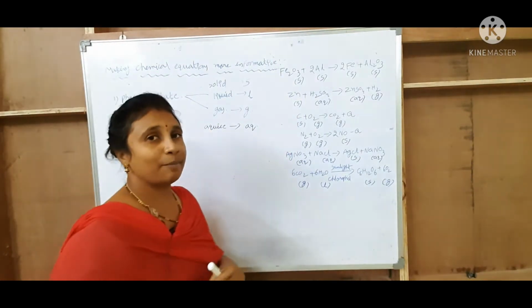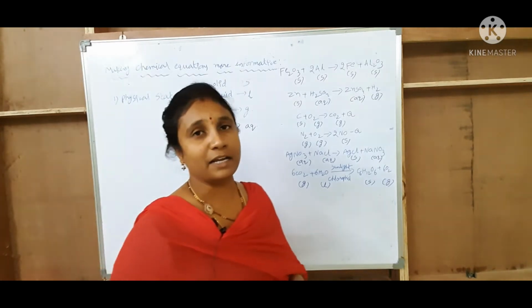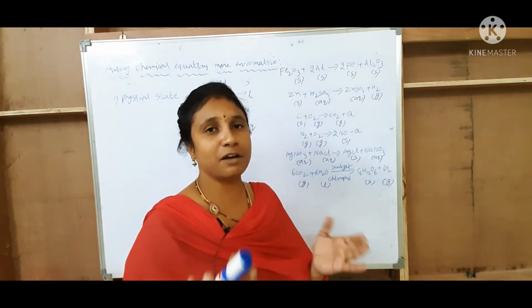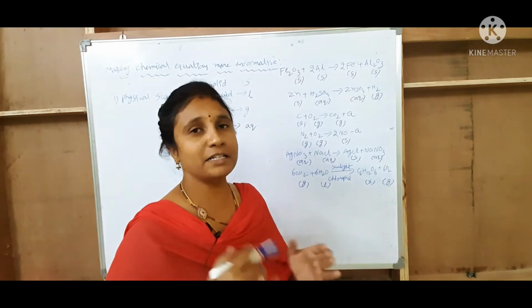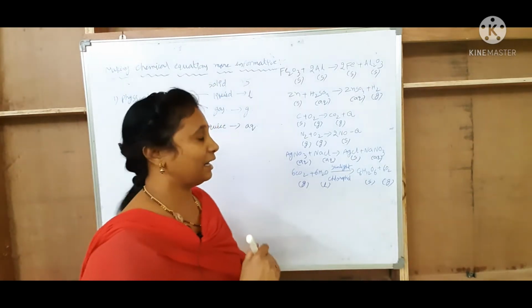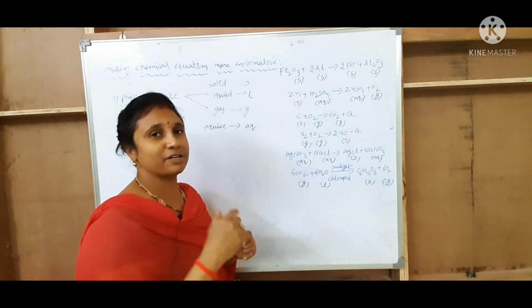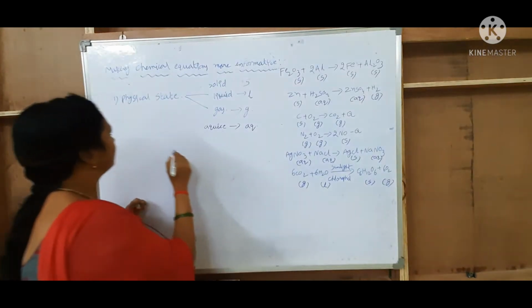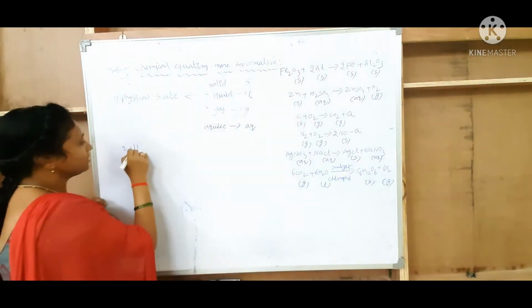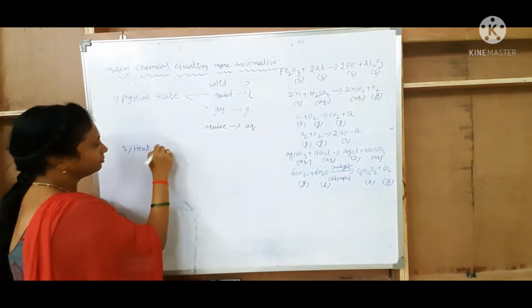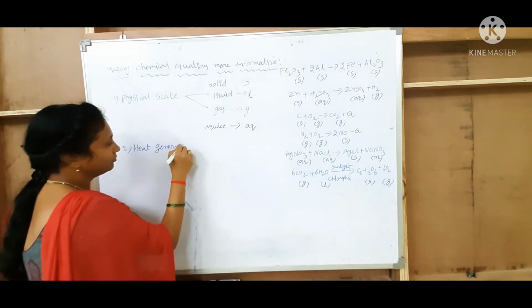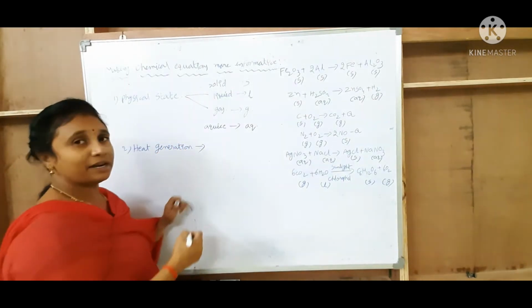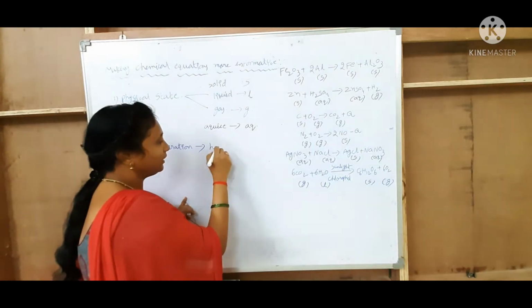Next, in a chemical reaction, heat may be generated or absorbed. The heat generation and heat absorption are represented by symbols. The second one is heat generation. Some chemical reactions may generate heat.